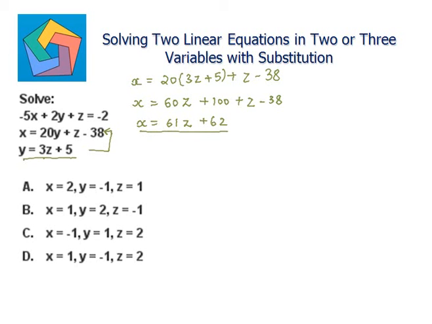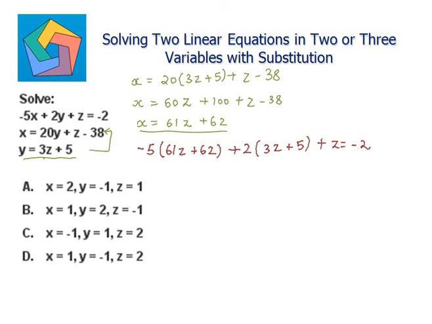So we can put both of these values in the first equation. So minus 5 times x, where x is 61z plus 62, plus 2 times y, where y is 3z plus 5, plus z is negative 2.